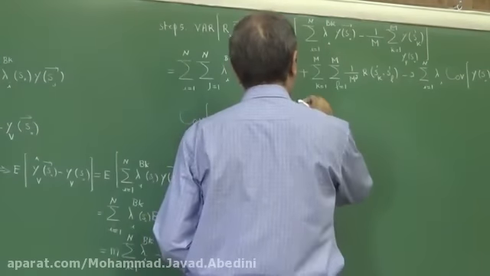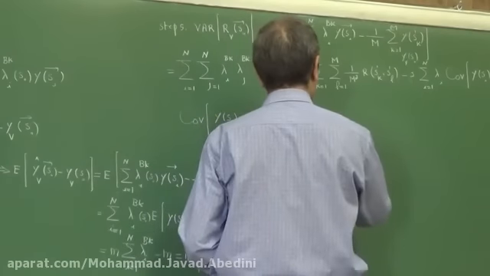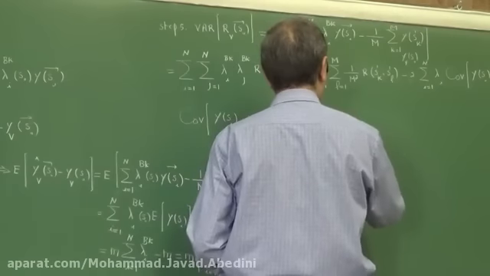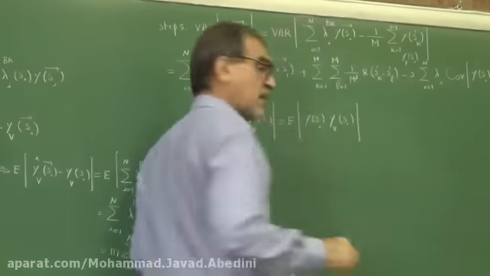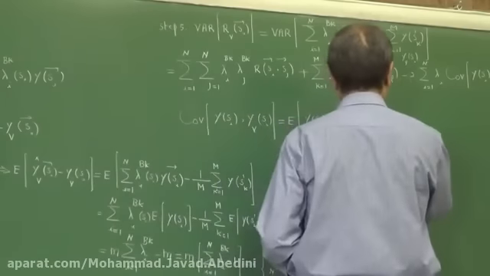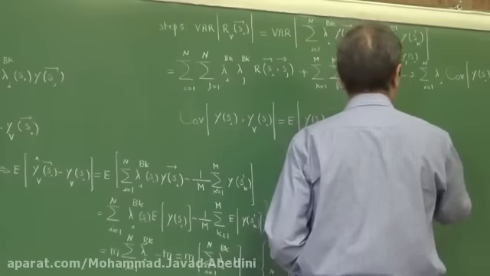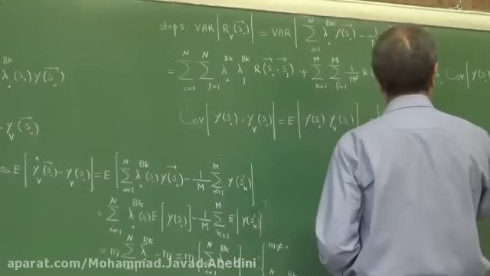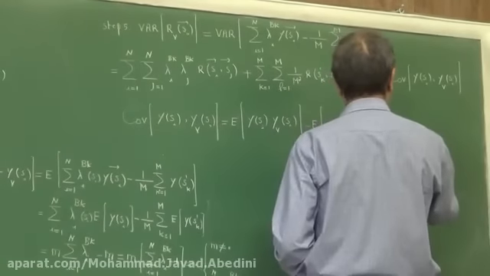Expected value of y at Si times y over log b indexed at S0, minus expected value of y at Si times expected value of y over log b indexed at S0.